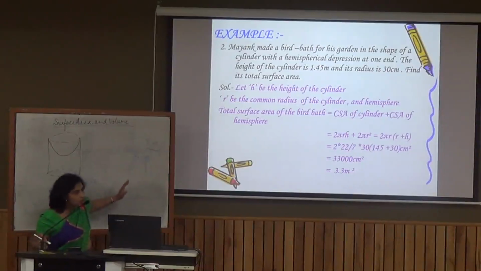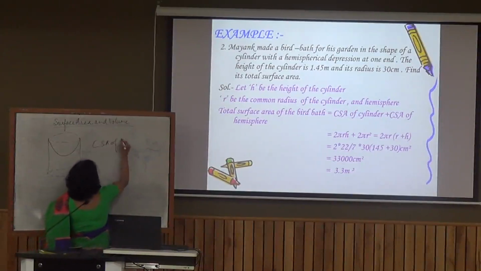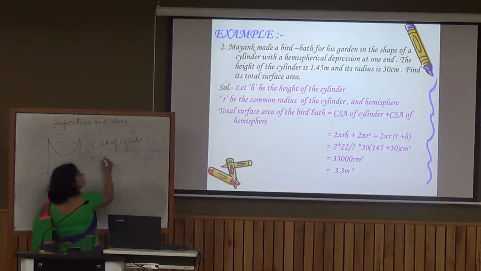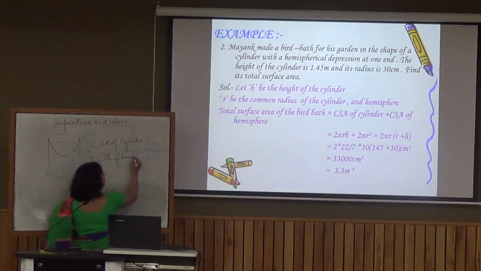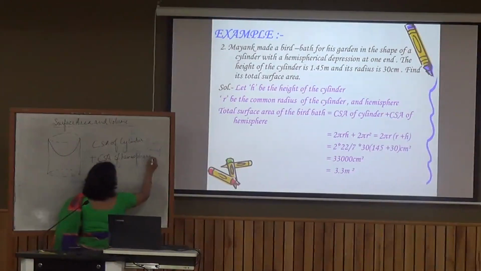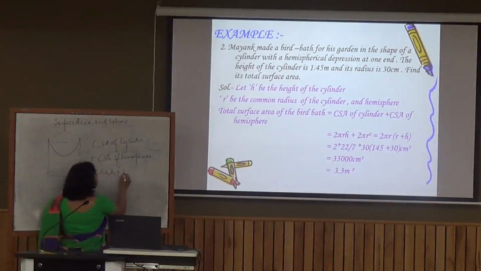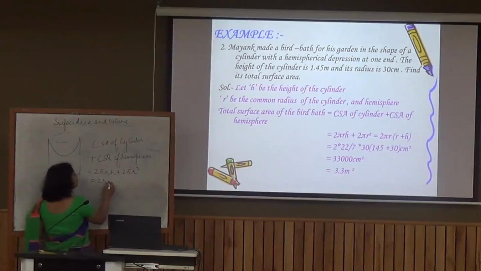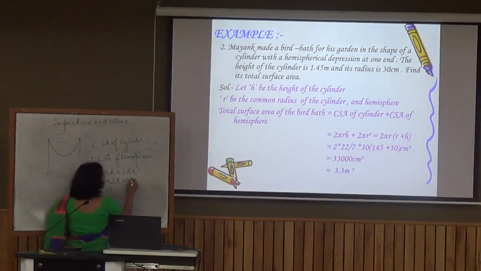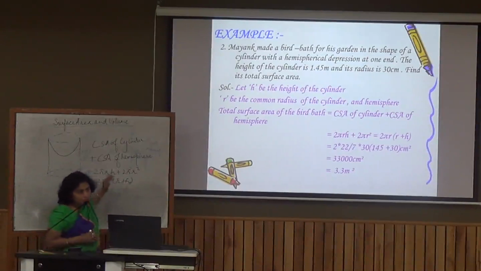So what we are going to consider is the curved surface area of cylinder plus the curved surface area of hemisphere. That is 2 pi r h and 2 pi r square, where we can take 2 pi r common and get r plus h. This will give us the area for this bird bath.